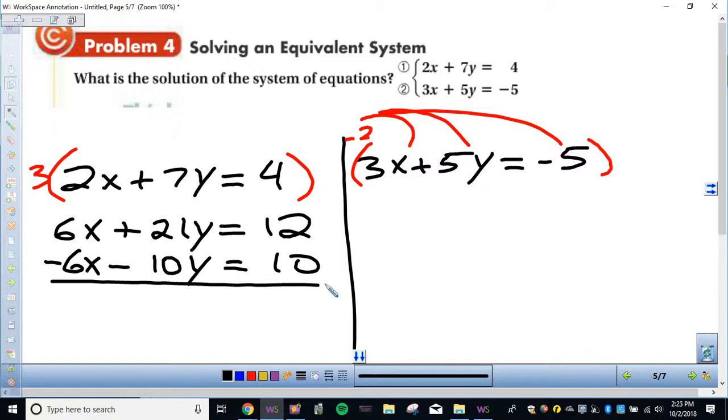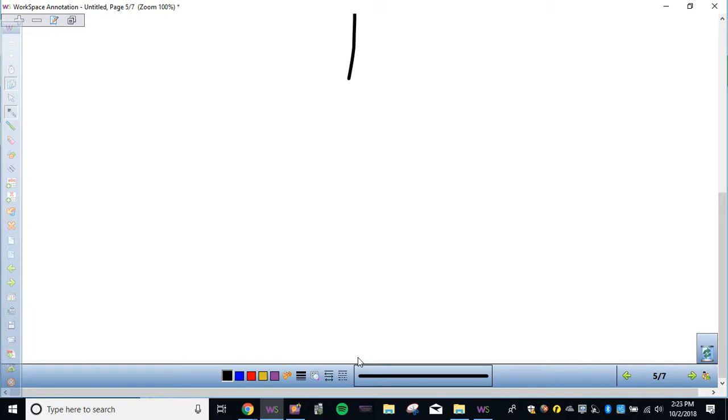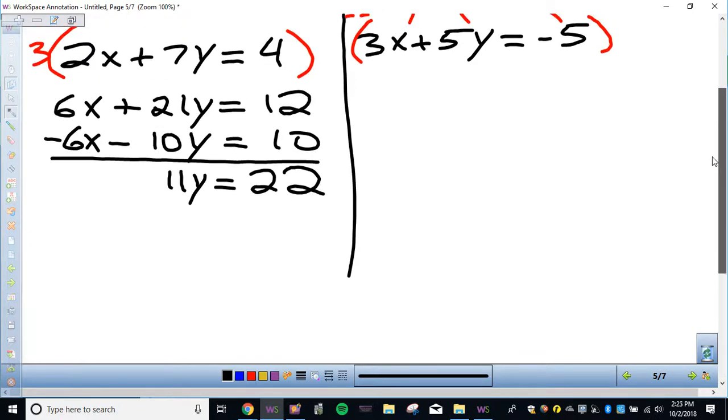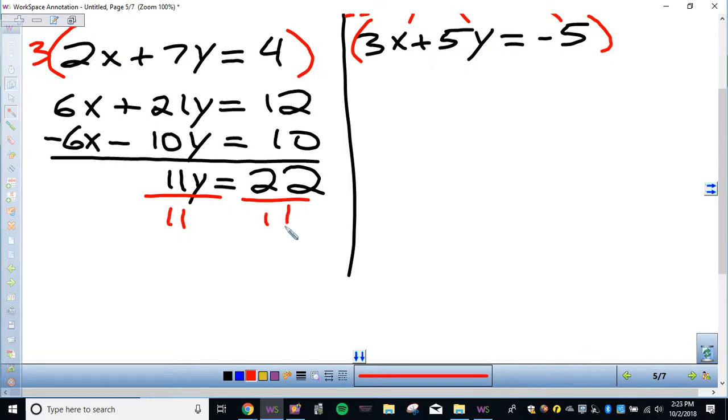21y minus 10y is 11y. 12 plus 10, 22. And then we can divide both sides by 11. So y equals 2.